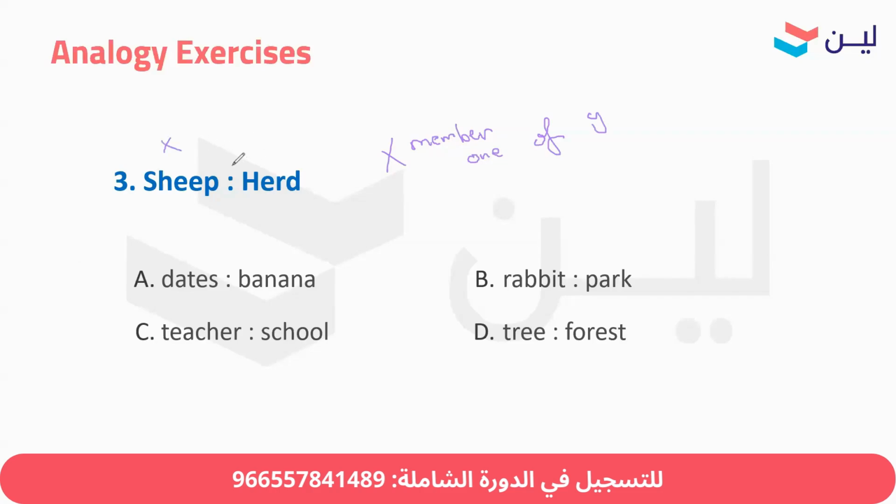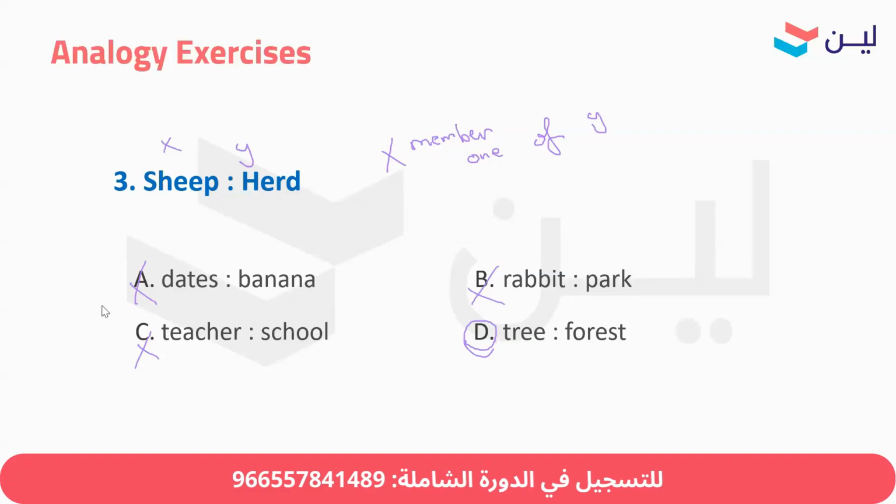So X is a member of Y. Which choice has the same type of analogy, where X is a member? Definitely it's not A. It's neither B. Rabbit is not a member of park. C, it's not the teacher works in school, but D is the most accurate. Excellent. Thank you so much, Dina. Yes, tree is a part of or a member of a forest.